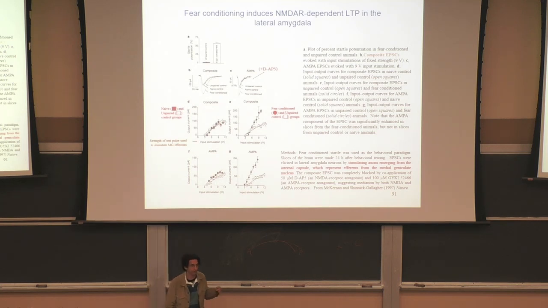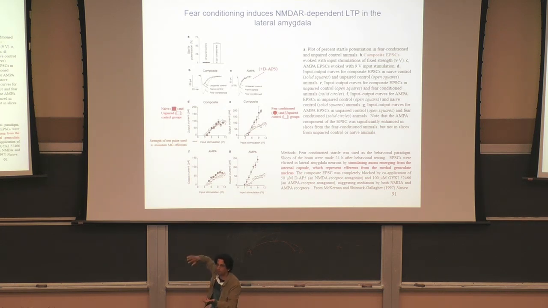First you see that the response in the fear-conditioned rat is bigger. Stimulation of the same auditory input creates a bigger response in the fear-conditioned rat, and that's shown in the first panel, panel B. The naive control has a smaller response than the fear-conditioned control, so that pathway is stronger in the fear-conditioned mouse.